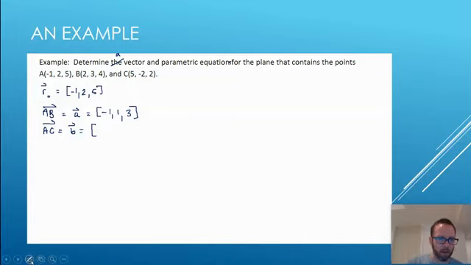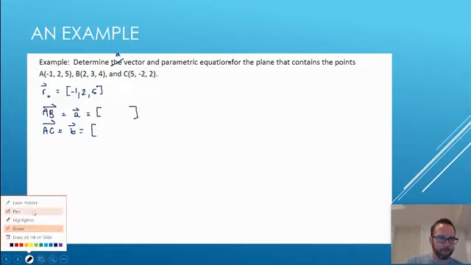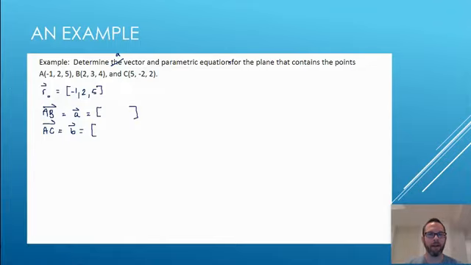Yeah, if you were screaming at the video that I made a mistake, I think I just flip-flopped all my X, Y's, and Z's around. I'm sure glad I caught that right away. Because for AB, it's 2 subtract -1 is 3. 3 subtract 2 is 1. 4 subtract 5 is -1. That's better. So for AC, we have 5 subtract -1 is 6. -2 subtract 2 is -4. And 2 subtract 5 is -3. So let's use those.